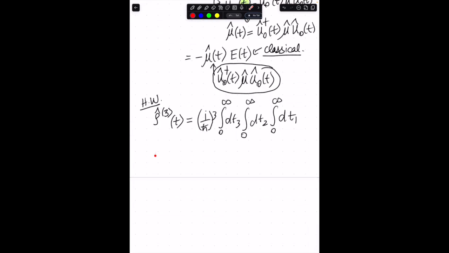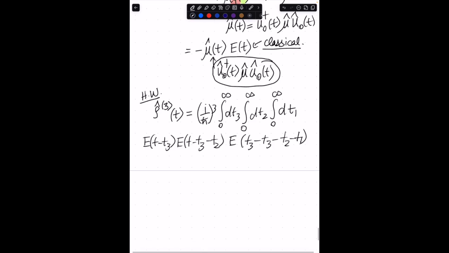You get E of t minus t3 times E of t minus t3 minus t2 times E of t minus t3 minus t2 minus t1 times your u hat 0, t3 plus t2 plus t1.